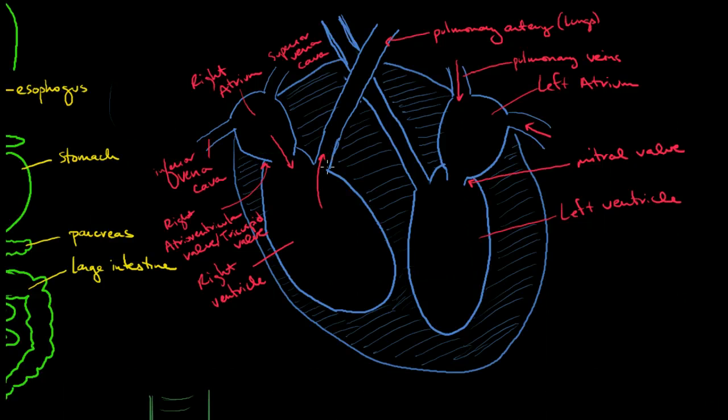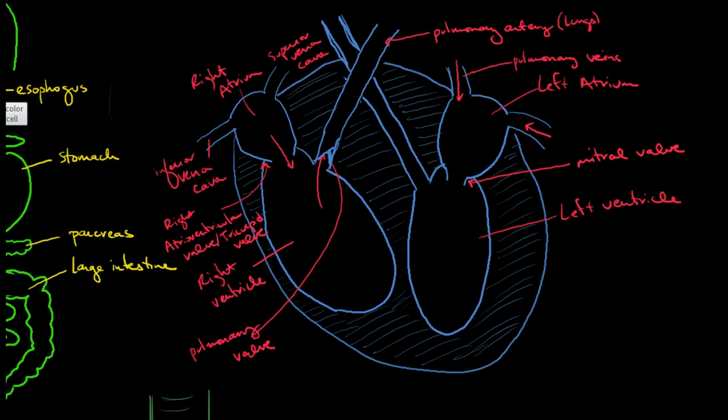It's my fault. There's a valve here. That is called the pulmonary valve. So it goes to the lungs, through the pulmonary veins, to the left atrium, through the mitral valve, to the left ventricle.